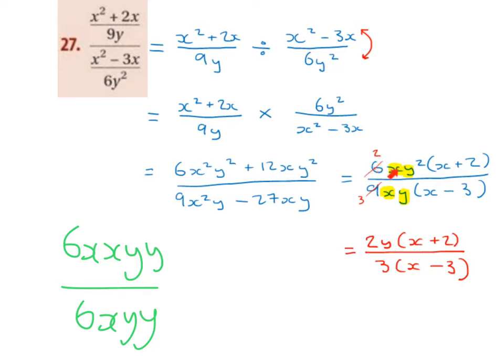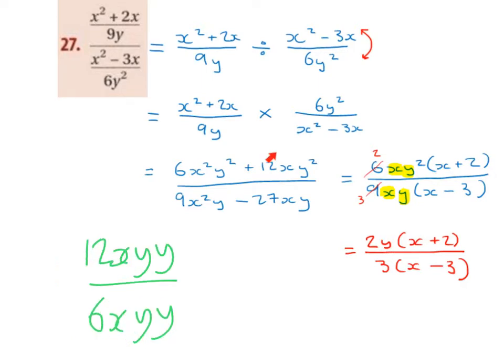So 6xy squared can be rewritten as 6xyy. So now we see what we can cancel. So the 6's will cancel, that x will cancel with that x, that y will cancel with that y, and that y will cancel with that y. So all that's left is a single x. So that's why we have x inside the brackets.